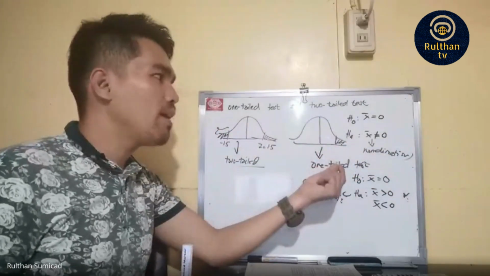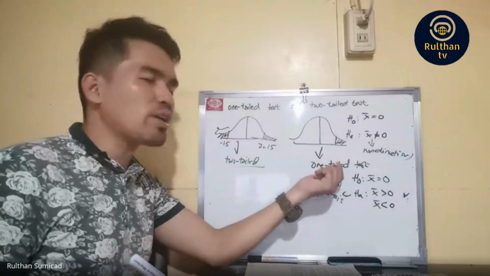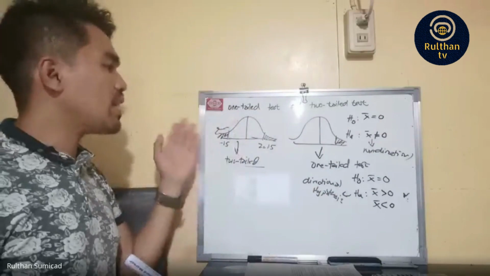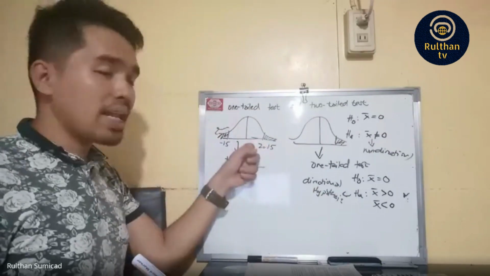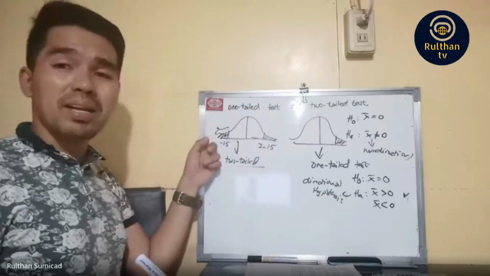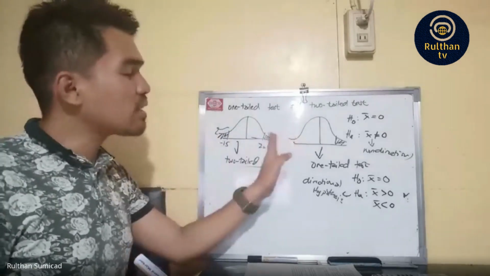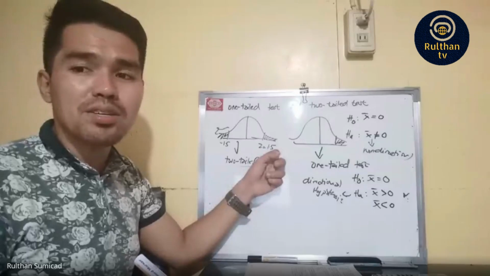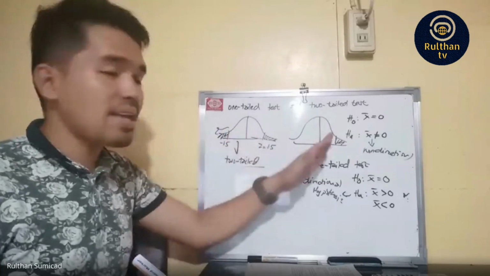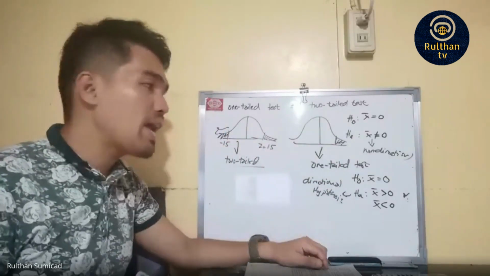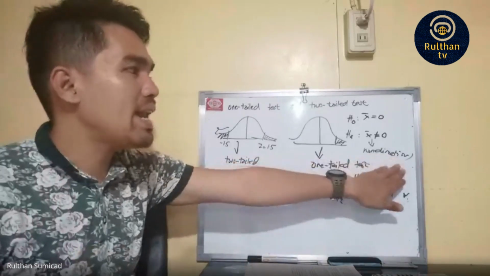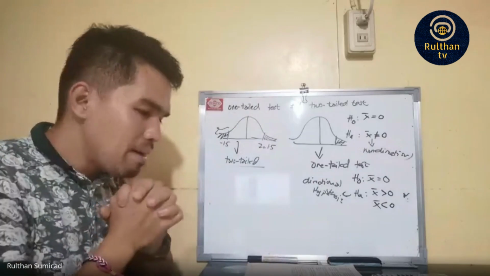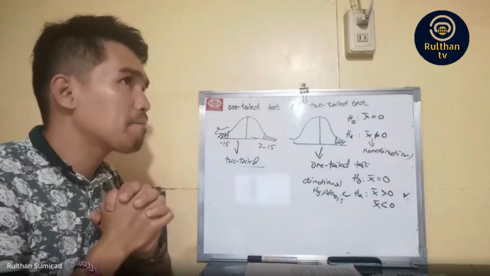For example, if you haven't anticipated where to reject the null hypothesis and it is rejected here on the left side of your mean, it's possible because you have a rejection area here. If it will be rejected in this direction, it's also good because you still have a rejection area on this side of the distribution.